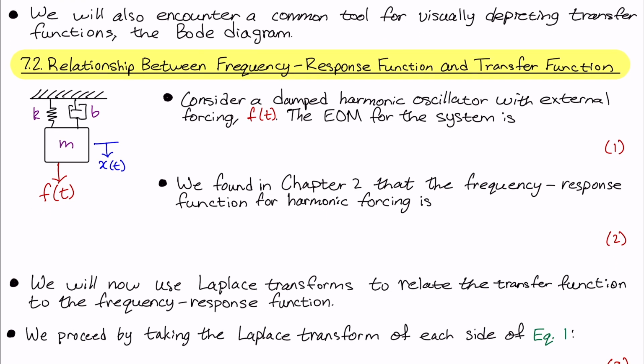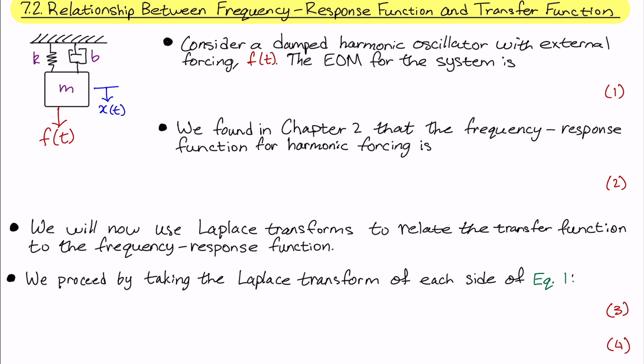All right, we're going to first take a look at the relationship between frequency response functions, which we studied earlier in the semester, in the beginning of the semester really, and then transfer functions, which we studied more recently. We're going to start by considering just a damped harmonic oscillator with some external forcing f of t shown here. F of t is just some generic force.